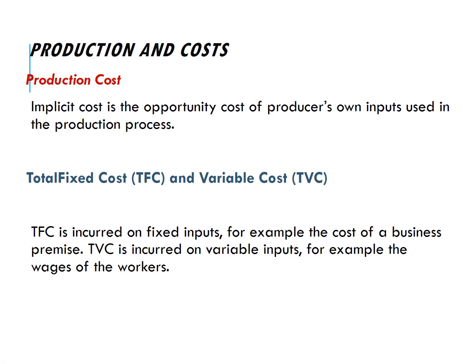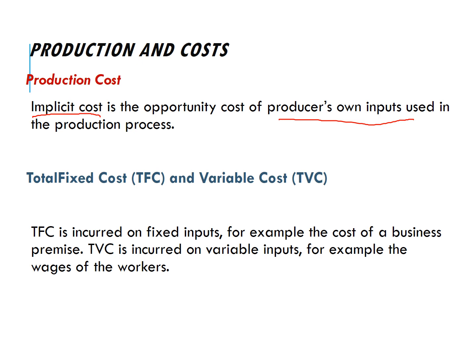How about implicit cost? Implicit cost is the opportunity cost of the producer's own input used in the production process. For example, maybe when you do business, you didn't rent any building or premise. You just run the business in your family house, and you use one room as a storeroom for your business.